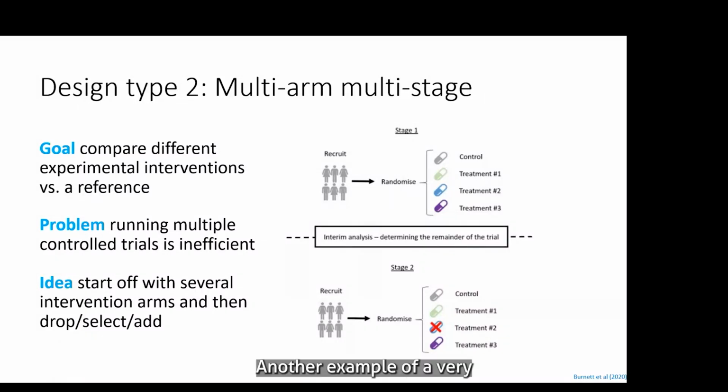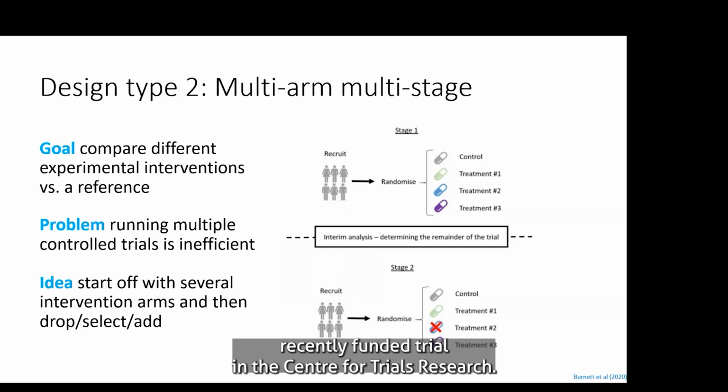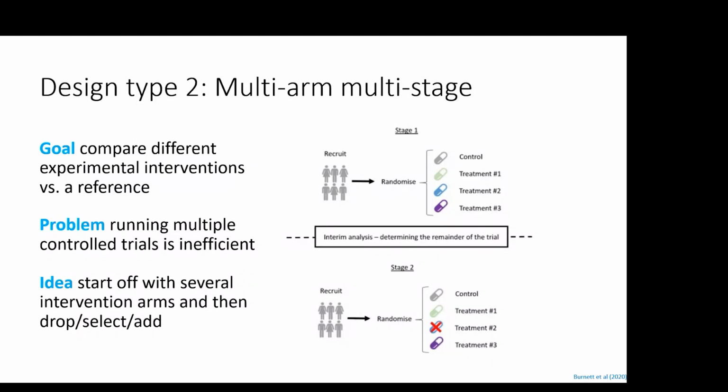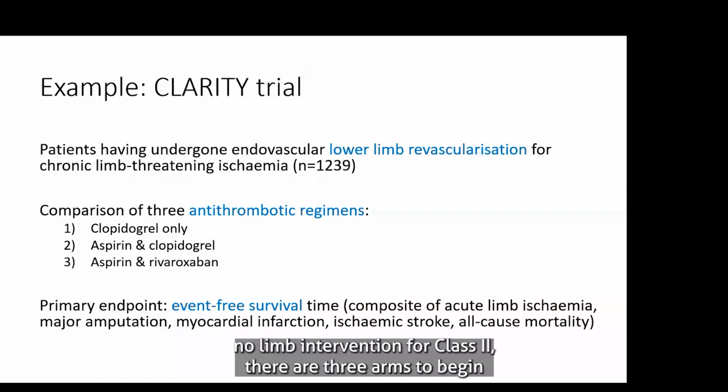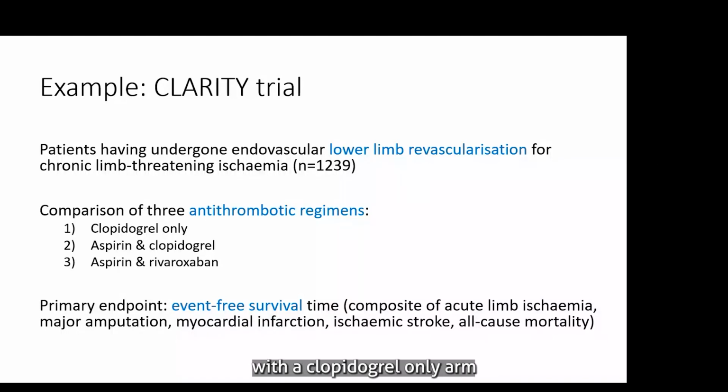Another example of a very recently funded trial in the Centre for Trials Research. This is like Pronto, also HTA funded. It's going to be a trial in participants having undergone endovascular lower limb intervention for CLTI. There are 3 arms to begin with, a clopidogrel only arm, and then 2 combination treatment arms.